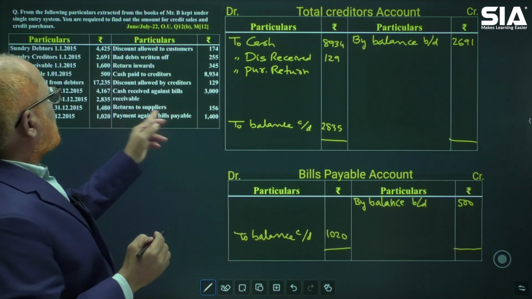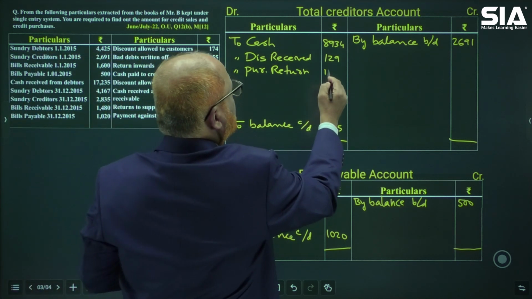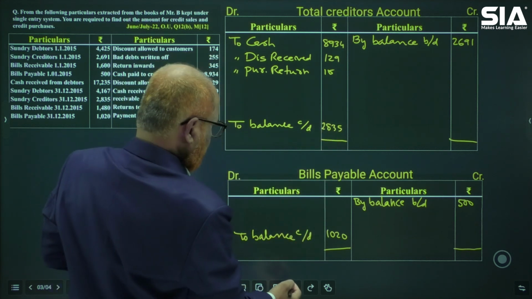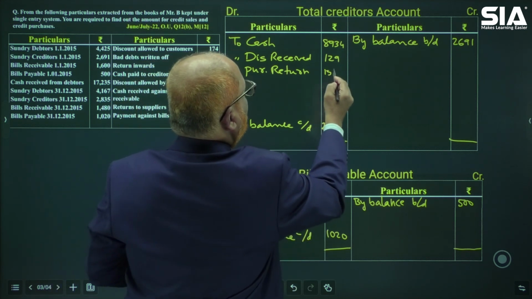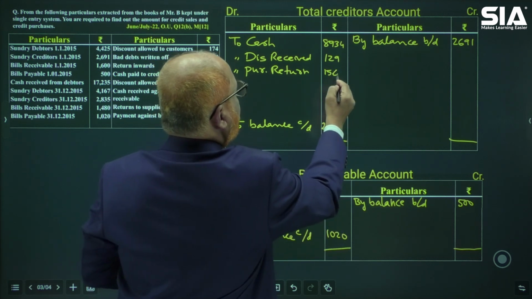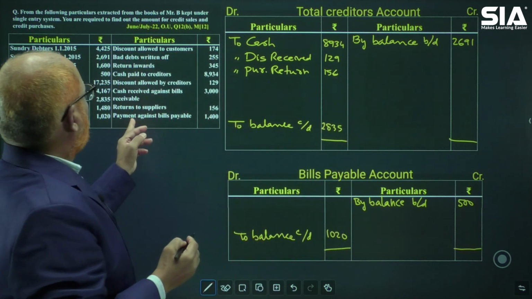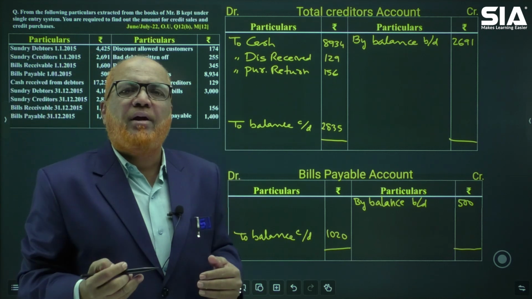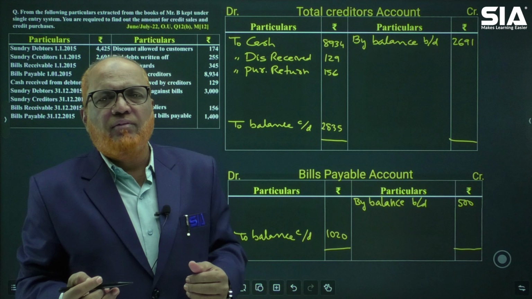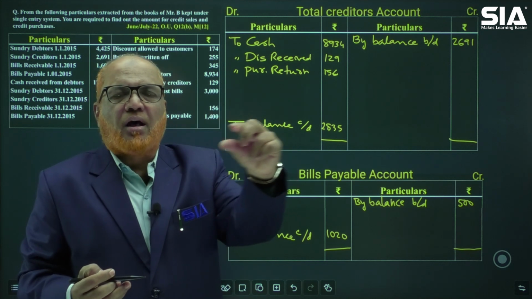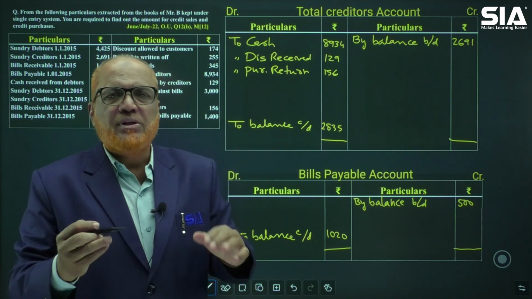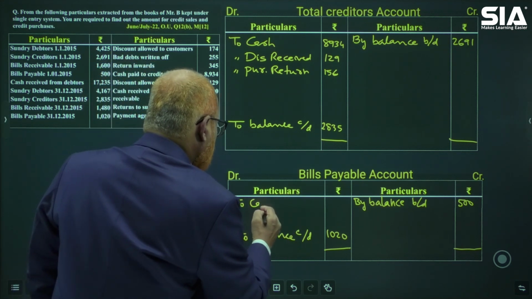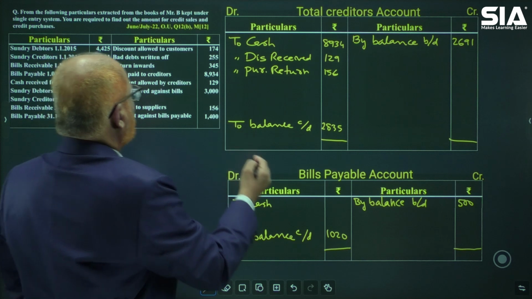So return to supplier is 156. Then next comes payment against bills payable. That means we have made the payment for bills payable. Entry will be bills payable account debit to cash. So here I am writing to cash. How much cash is paid for bills payable? 1400.